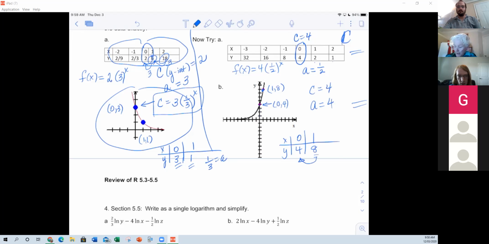So it's not going to be 1/2, it's going to be 8 divided by 4, right? So it's going to be 2. Yes. And another way that you can tell if it's decreasing like it was in this example, it will be a fraction. It will be like 1/3 or 1/4 or whatever. If it's increasing, it's going to be the whole number.